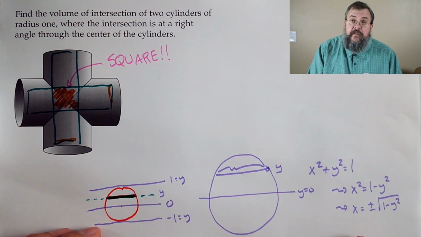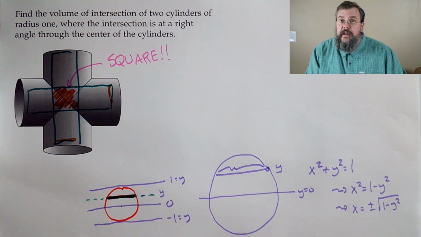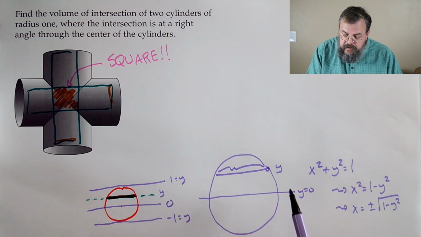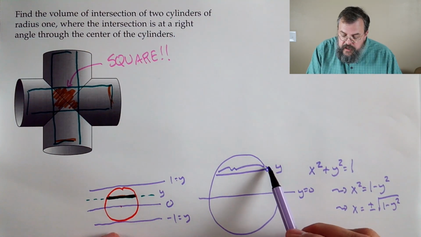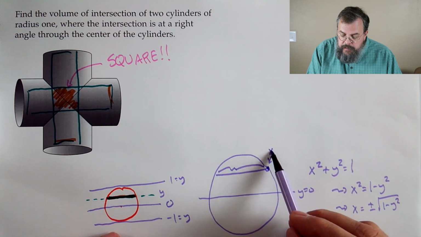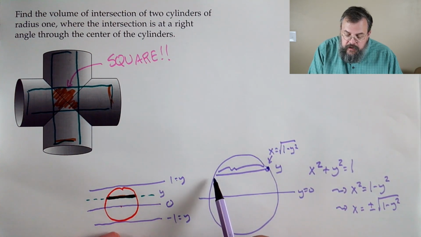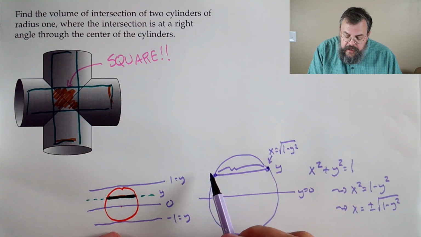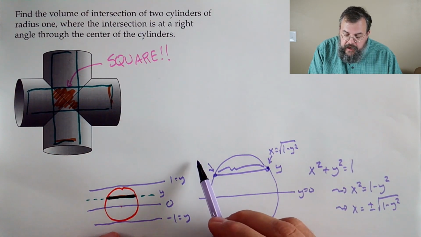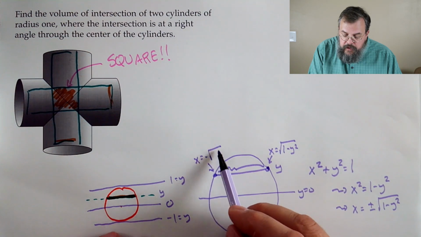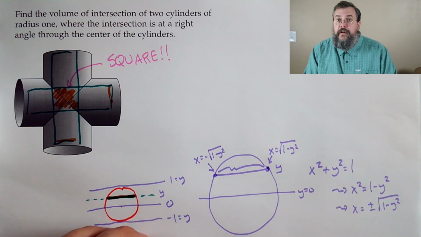Now, the reason we get two possibilities here is there are really two sides. Over here on the right-hand side, x would be the positive part, the square root of 1 minus y squared. And then over on this other side, that's the negative side. So this would be x equals minus the square root of 1 minus y squared.